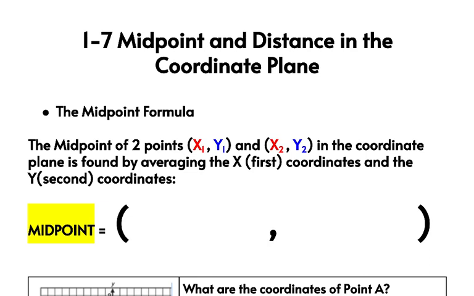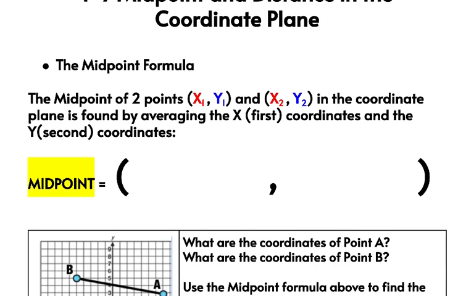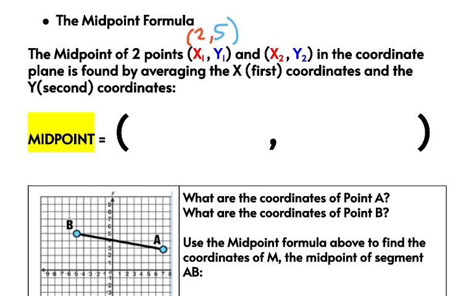The midpoint formula says that the midpoint of any 2 points that we call (x1, y1)... So for example, if this was (2, 5), then it would be located 2 to the right and 5 up.